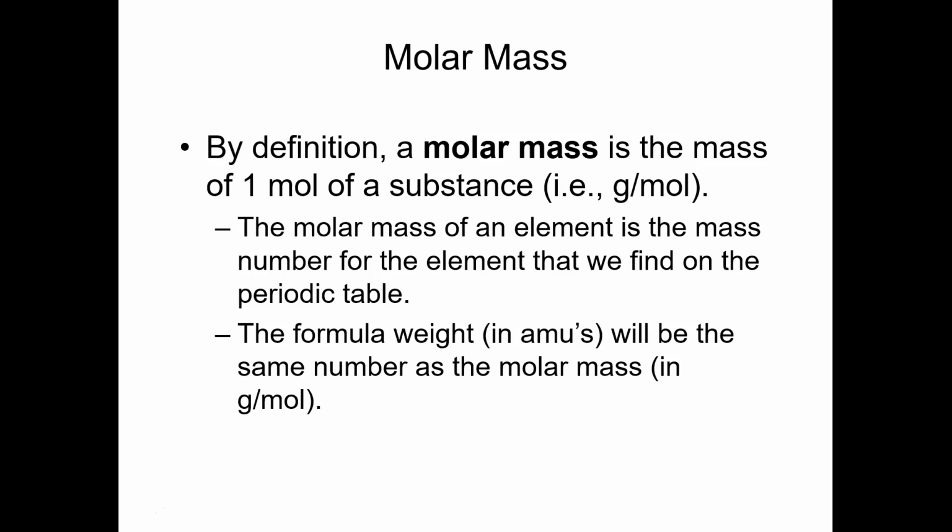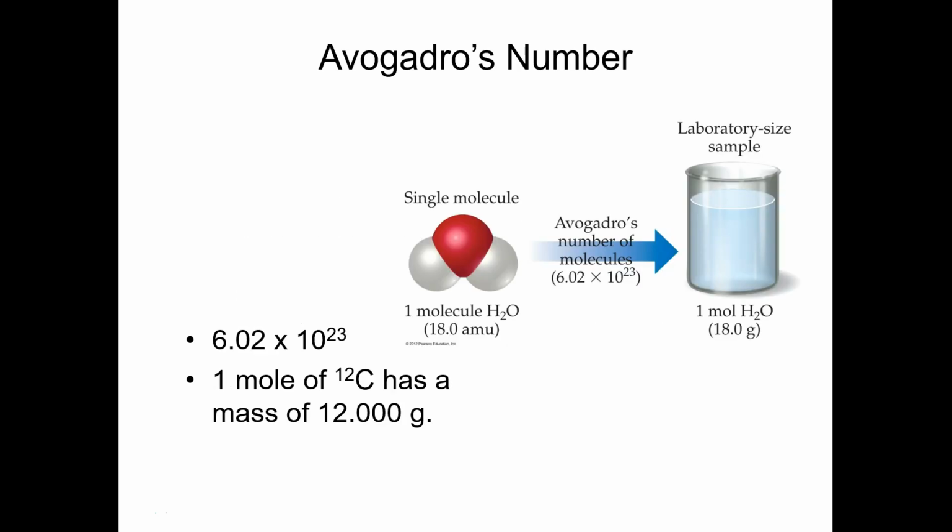Then you simply convert the unit from AMU to grams, and now you've got a mole of it. So the formula weight in atomic mass units will be the same as the molar mass in grams. And so that goes back to this. The formula weight of water in atomic mass units is 18.0 AMU. The molar mass of water is 18.0 grams.